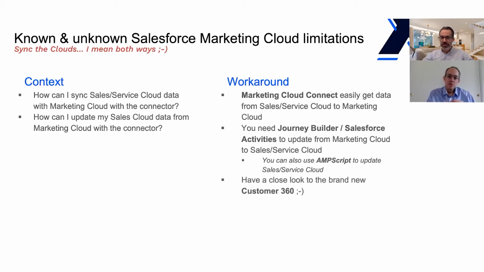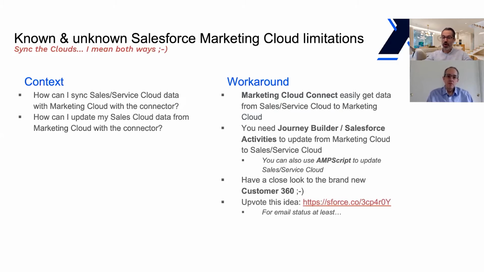Another option could be to have a closer look at the new Salesforce Customer 360. Salesforce is pushing a lot on Customer 360 in order to have all those different clouds more and more connected. So maybe Salesforce, through Customer 360, will help you to synchronize and update your data through all your different clouds.